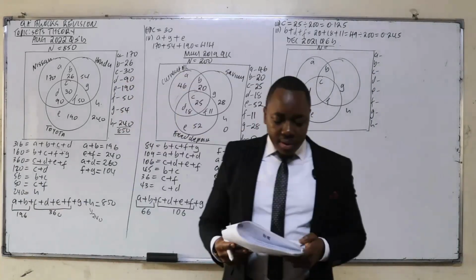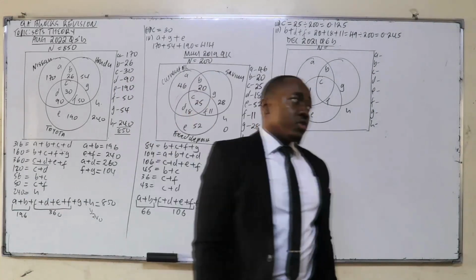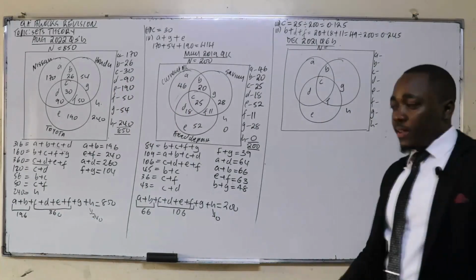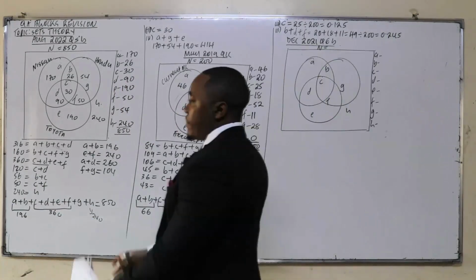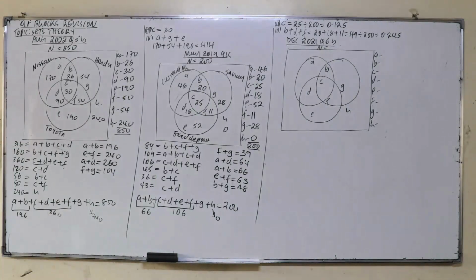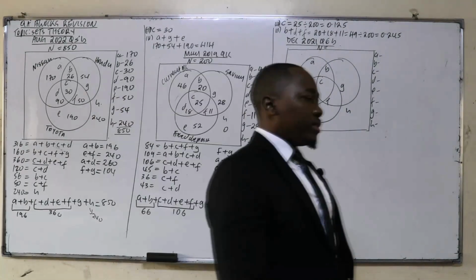Now 6A, you are told to state applications of matrices in business. So we did matrices just the other day. Number one, we see that it is used in CVP analysis, demand and supply analysis, Markov analysis, input-output analysis. Markov analysis involves transition from one state to another.